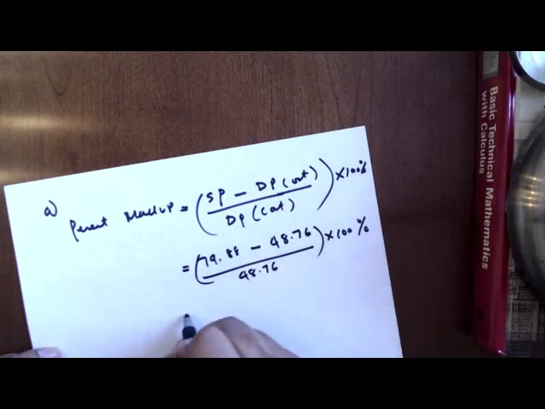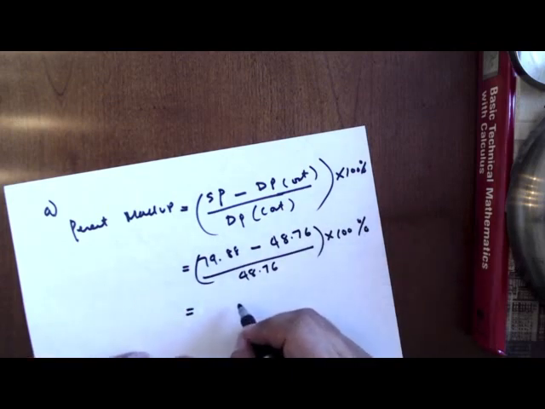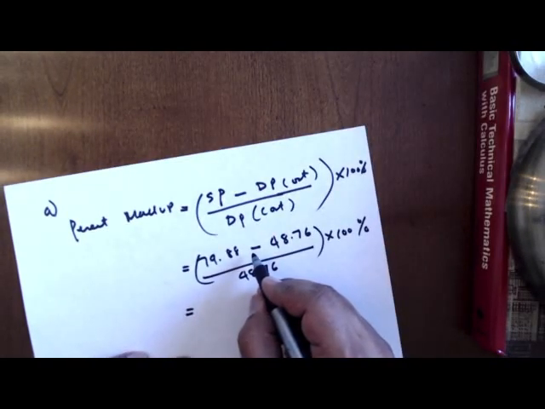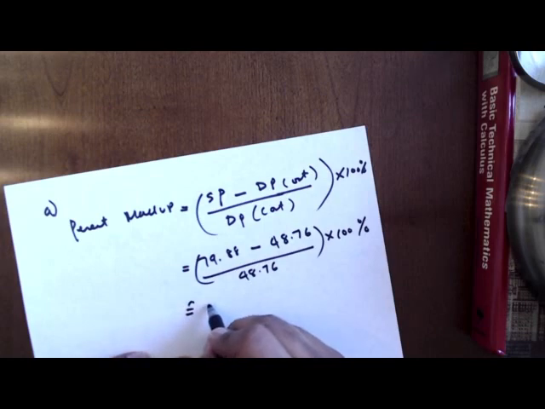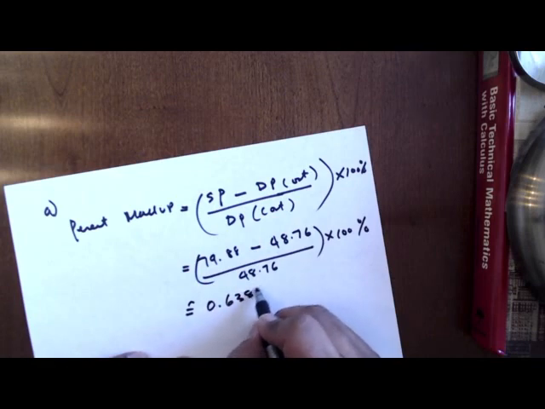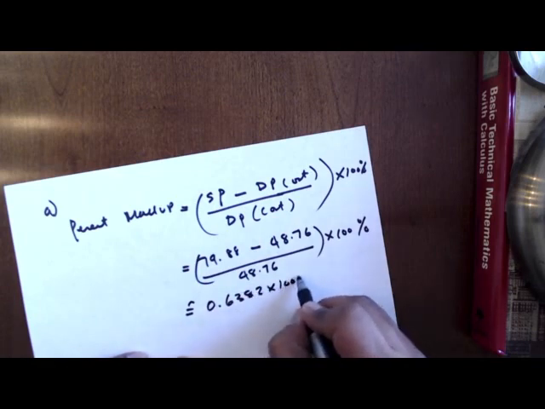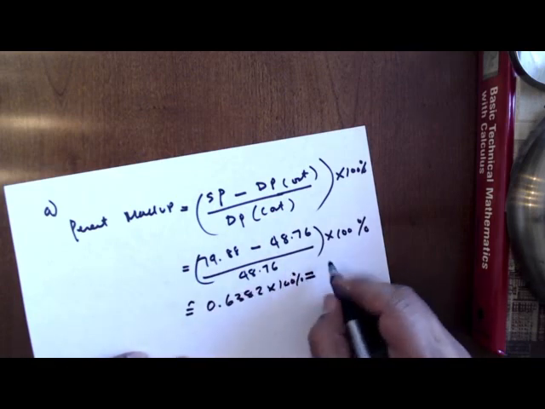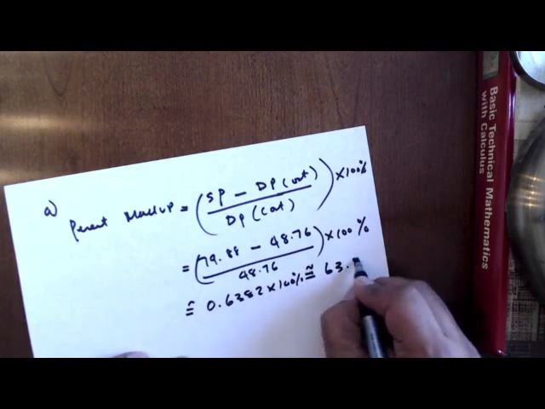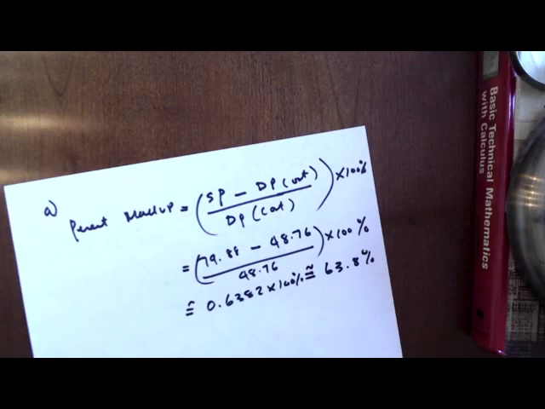That gives you roughly 0.6382 times 100%, which is about 63.8%. So that's the solution for part A.